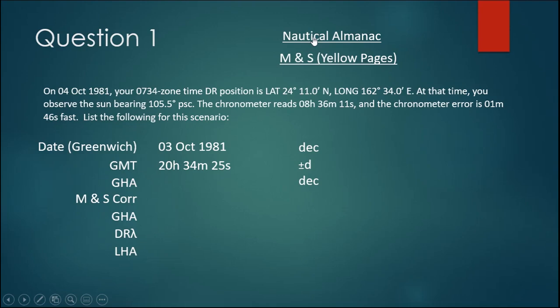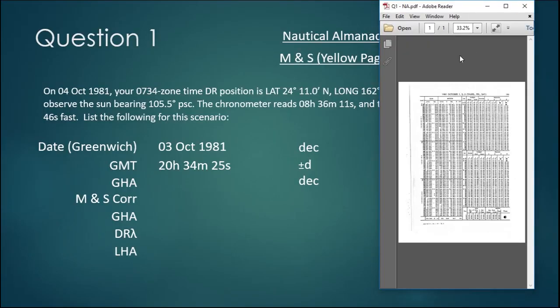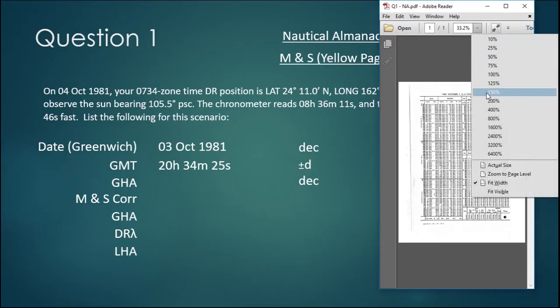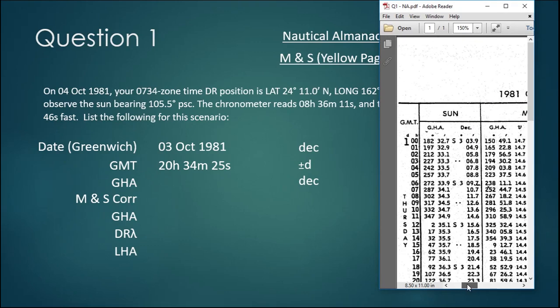When you go in to take your exam, there will be a copy of the '81 Nautical Almanac in the exam room, and these are what's known as the daily pages. Each daily page will give you 3 days. This one here is October the 1st, 2nd, and 3rd, and let's blow this up so the blind people can see it, such as myself.